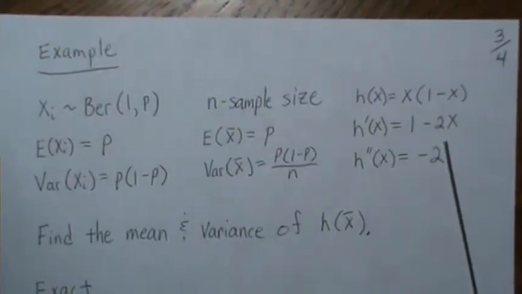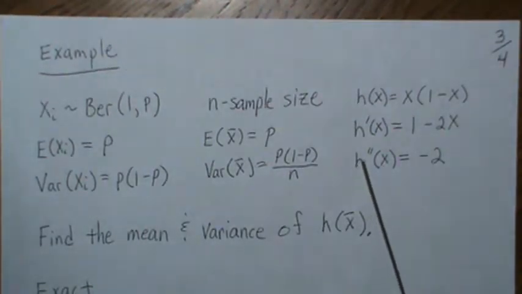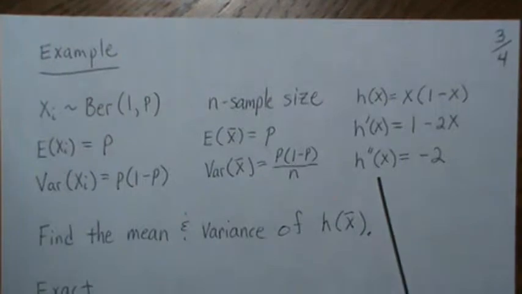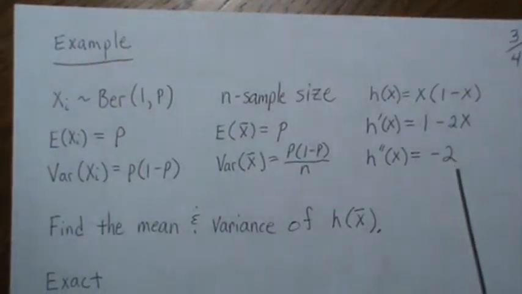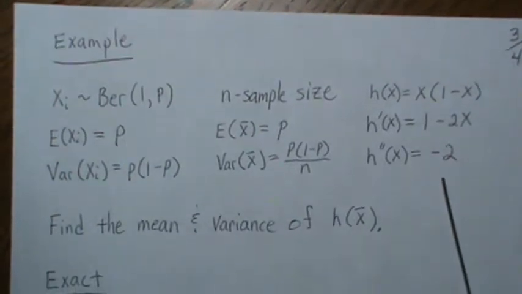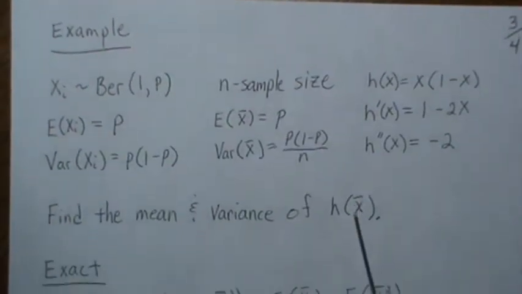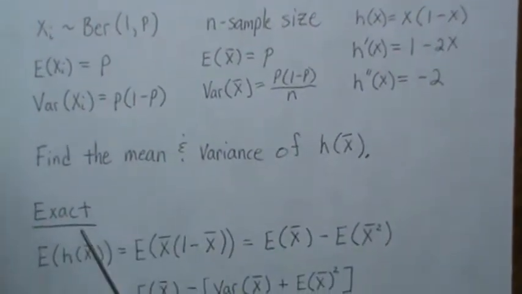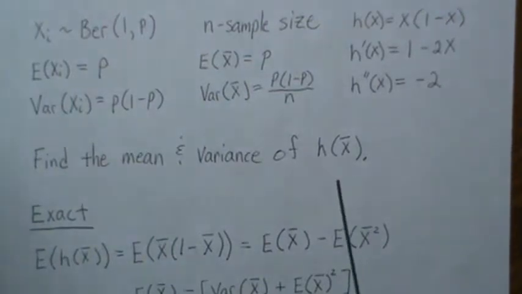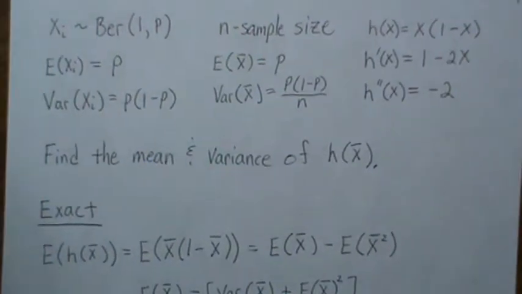The first derivative is 1 minus 2x, the second derivative is minus 2. One note here: what's the third derivative? Well, the third derivative would be 0. And later in this example, I'm going to point out why that's significant. So let's find the mean and the variance of h of x bar. The beauty of this example is we can find the exact mean and variance, and that's what we do first, and then we find the approximation.